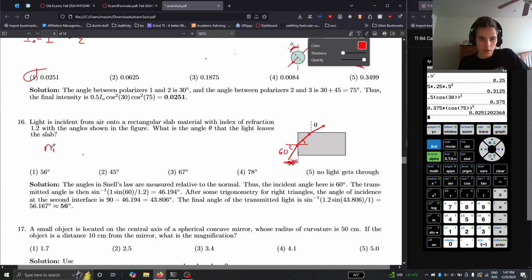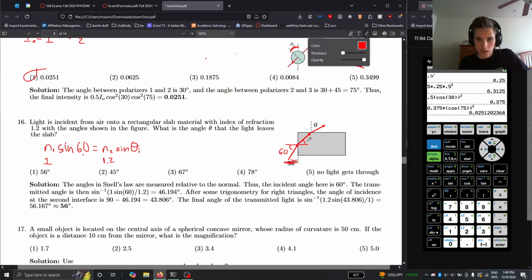So we'll say N1 is the index of refraction of air, which is just 1. So sine of 60 degrees is equal to N2, which we know is 1.2, times sine of the angle from the normal where you come out. Or sorry, I'll call this angle internal.